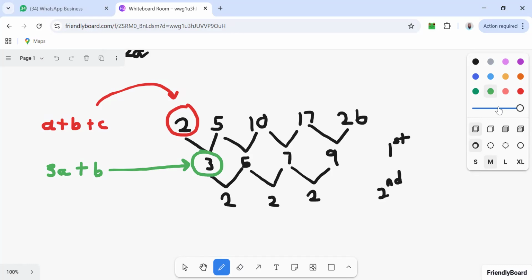Then 2a is equal to the first term of the second difference row. I hope this has been understood.